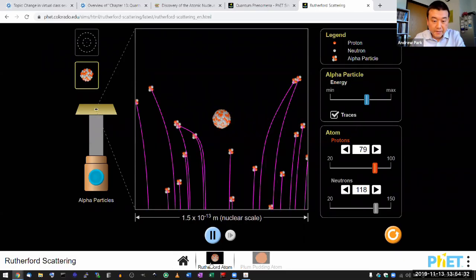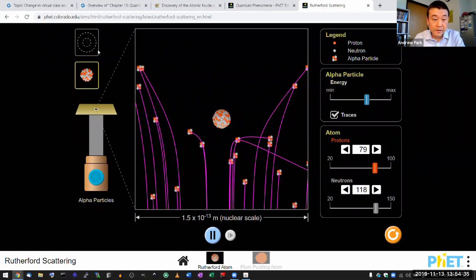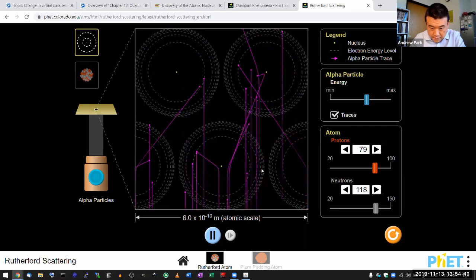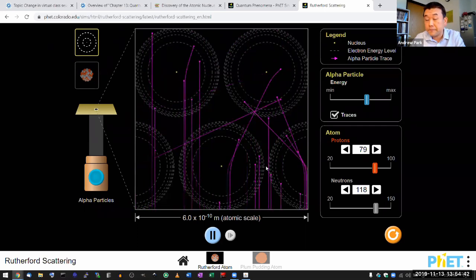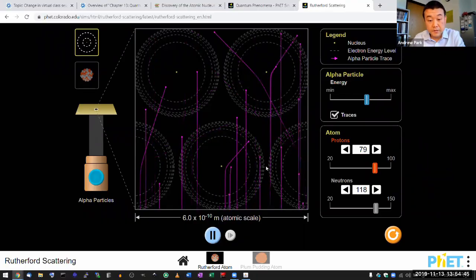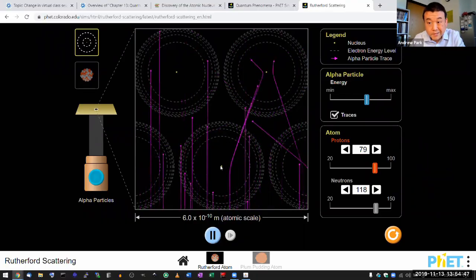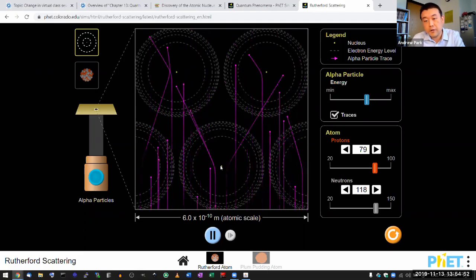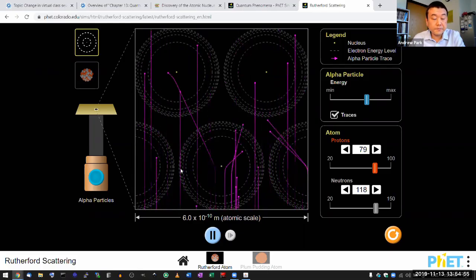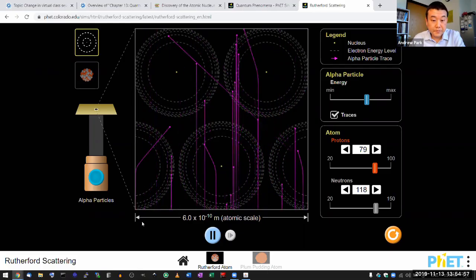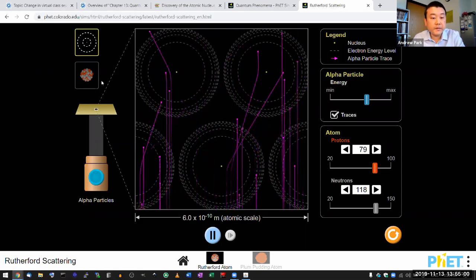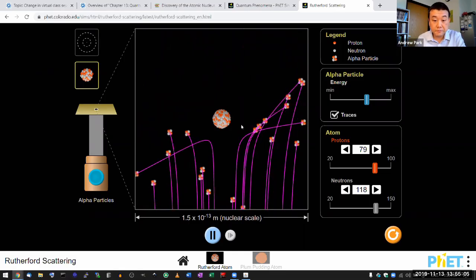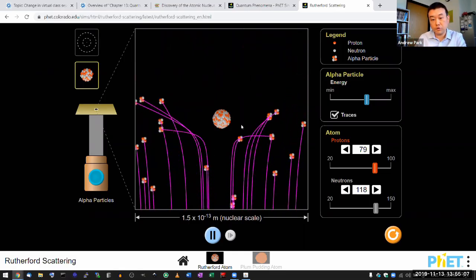I keep saying this is exaggerated scale, because if this diameter is meant to reflect the size of an atom, 10 to the minus 10 meters, then the size of the nucleus should really be 10 to the minus 14, 10,000 times smaller by radius. That's how small the atomic nucleus had to be to fit with the experimental observation. So that's the discovery of the atomic nucleus.